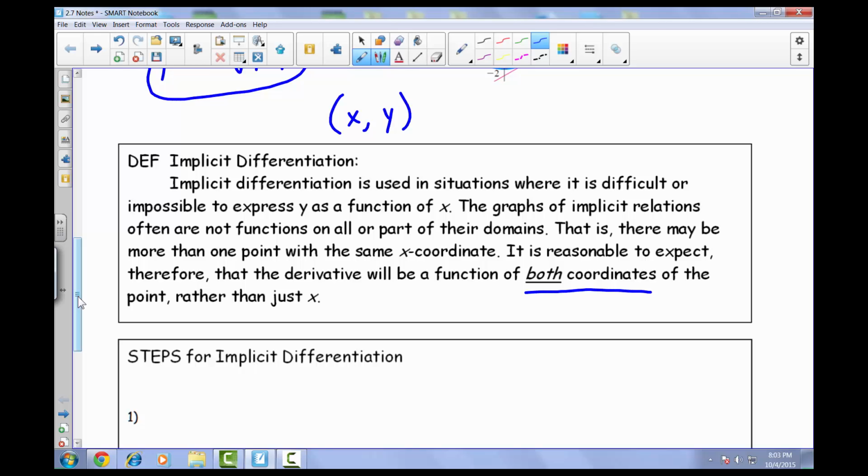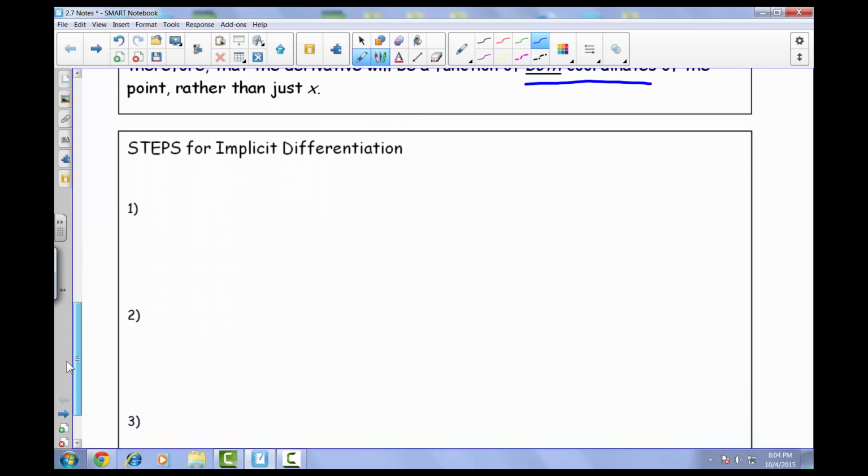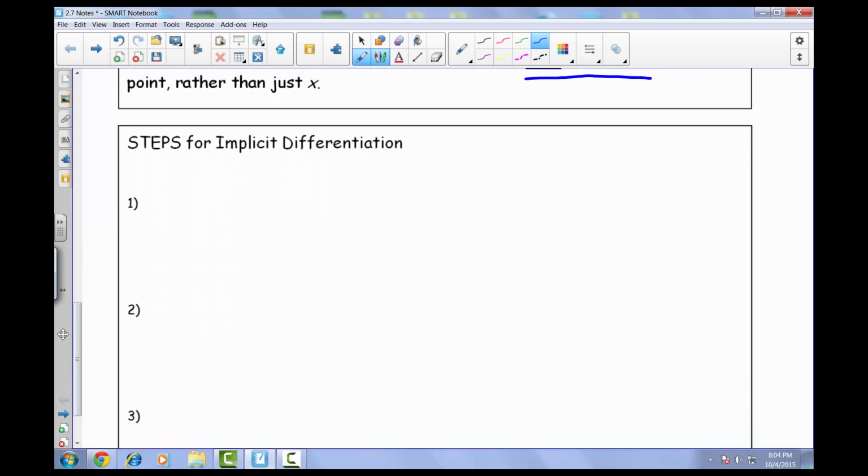Now, there are some steps as to how to conduct implicit differentiation. The first one being, you're going to take the derivative of both sides with respect to x.